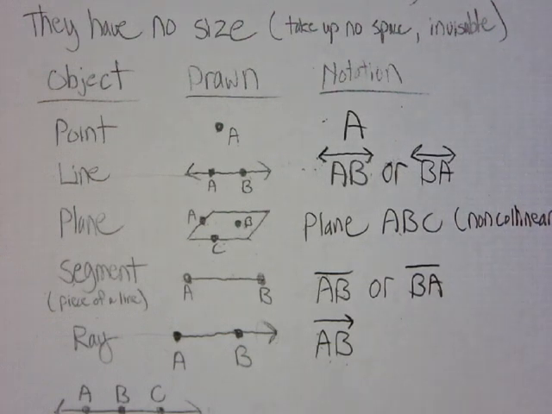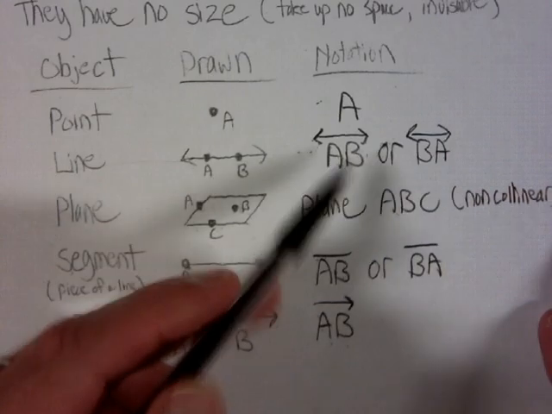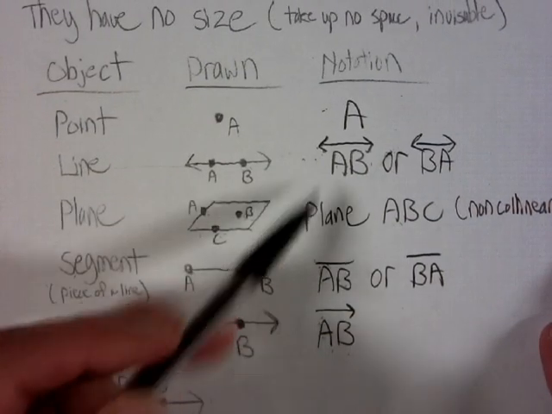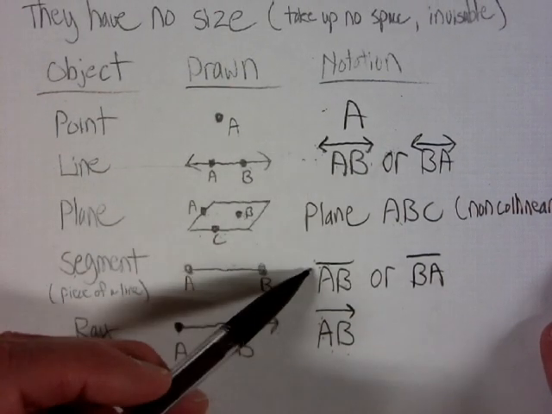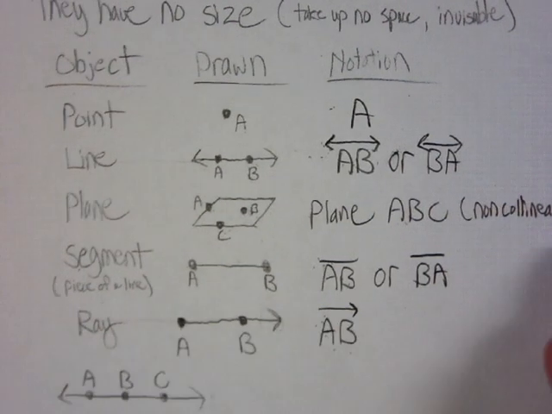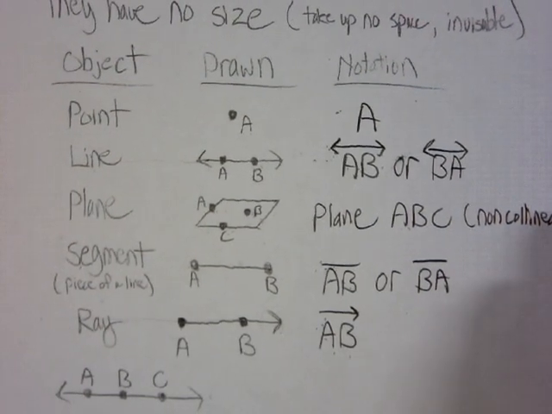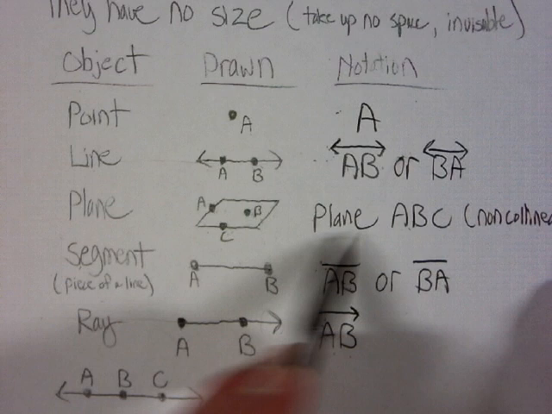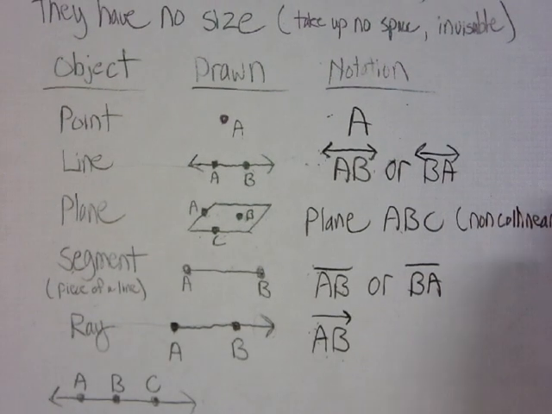If you just write AB and you don't put the symbol, I don't know if you're talking about line AB, segment AB, or ray AB. All right, so keep that in mind. The symbol, or in the case of plane, writing the word plane, is very important as far as the notation is concerned. As a matter of fact, if you don't put the right symbol, it's not correct when you go to name the object. So keep that in mind.